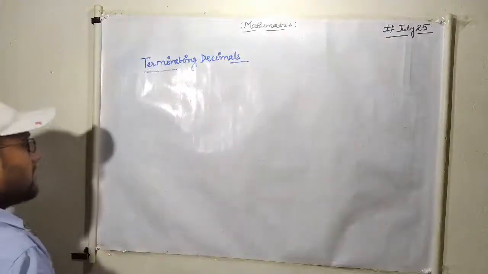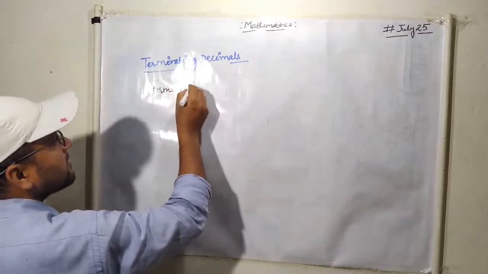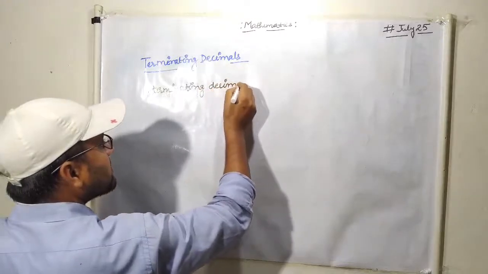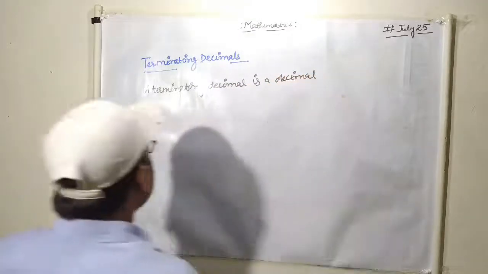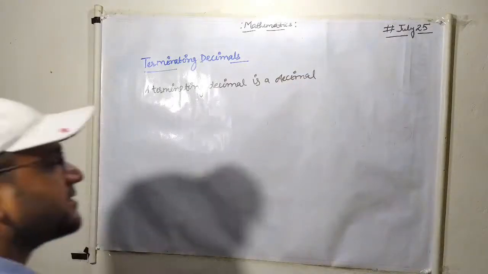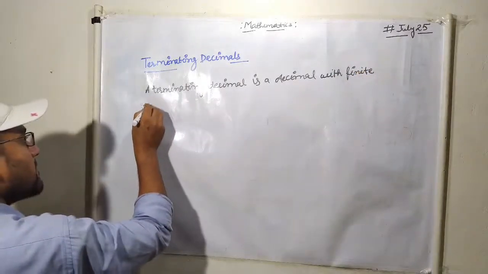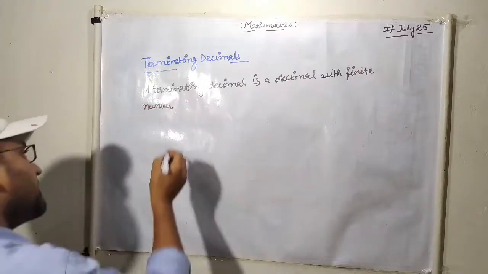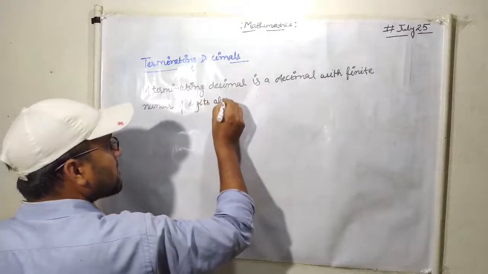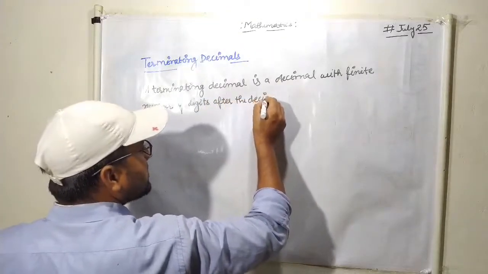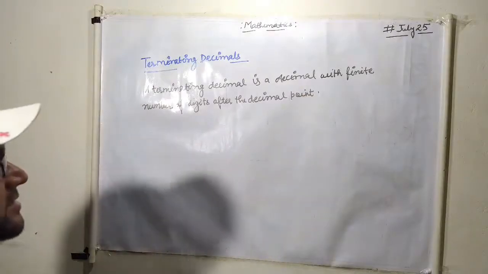Terminating decimal. A terminating decimal is a decimal with a finite number of digits after the decimal point.